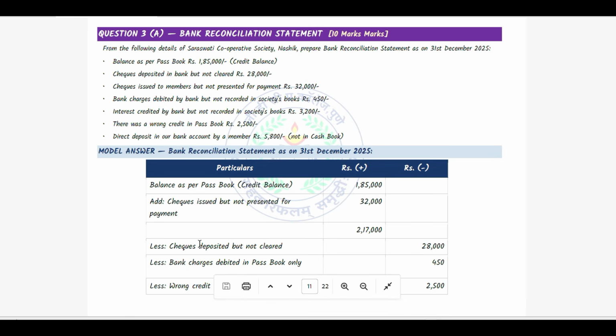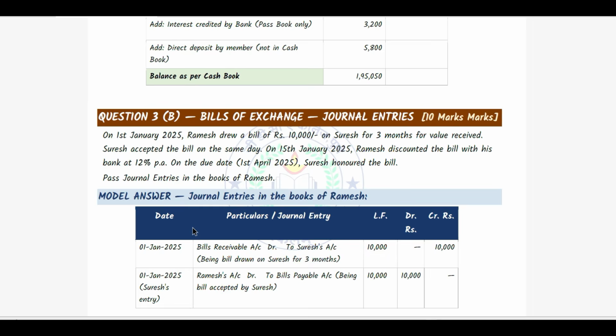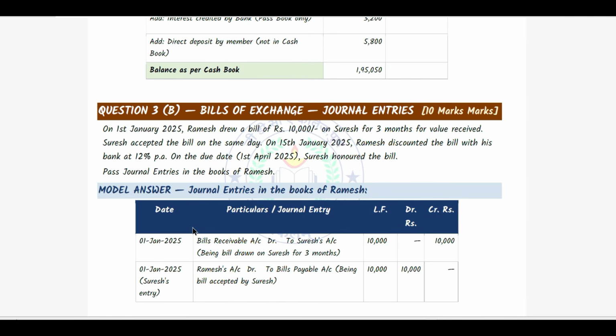Less, checks deposited but not cleared, that is 28,000 rupees. We have to reduce that 28,000 rupees. Then less bank charges debited in passbook only, that is 450 rupees. Then a wrong credit in passbook, that was 2,500 rupees.